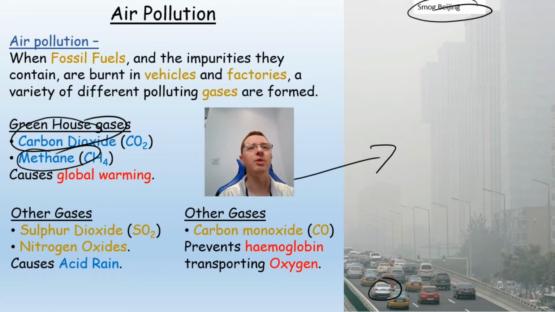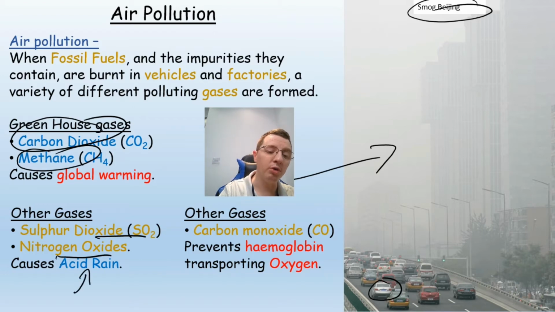It's also produced from cows, from when they pass gas as you're growing cows. But also within the atmosphere here, you've also got sulfur dioxides and nitrogen oxides, which will cause acid rain. There are also, of course, carbon monoxides, which will be poisonous, damaging, and preventing hemoglobin from transporting oxygen.